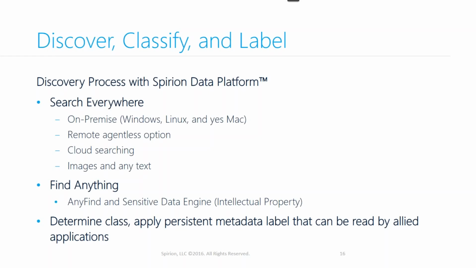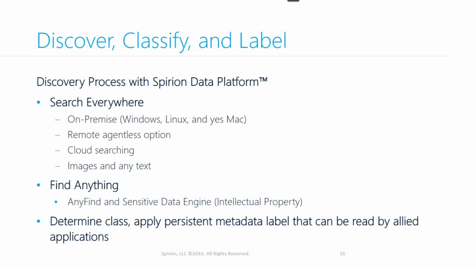And so we need to be able to find anything, and that includes intellectual property. So a lot of the things that Scott and colleagues such as his, that is the lawyer, so to speak, would be working on is going to contain a fair amount of intellectual property. The same is true for some of the other data types that we highlighted early on in this session. And then, once you've determined those classes, being able to apply persistent metadata labels throughout all of those.